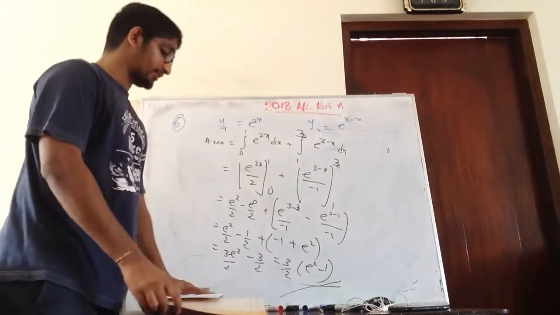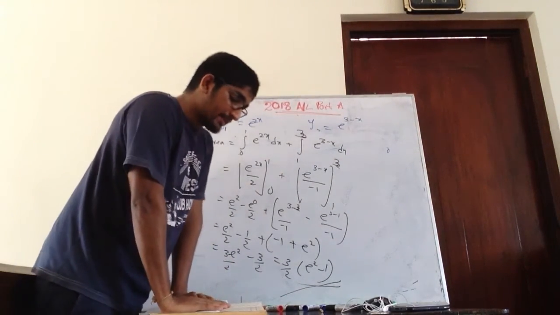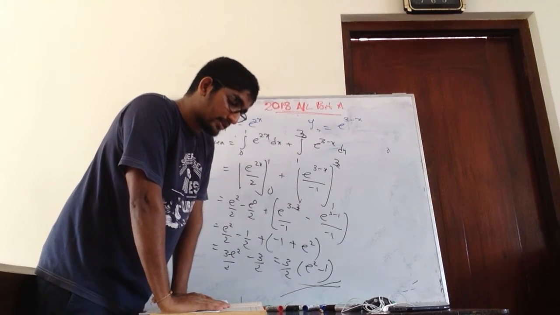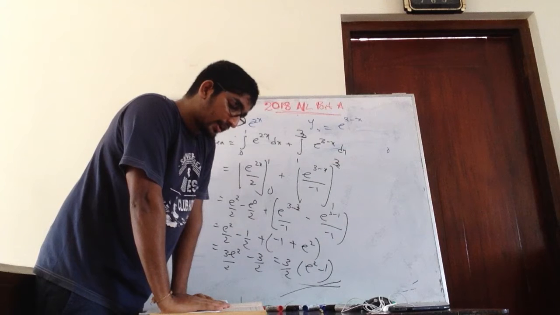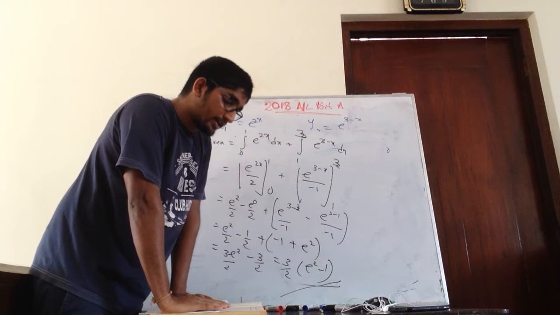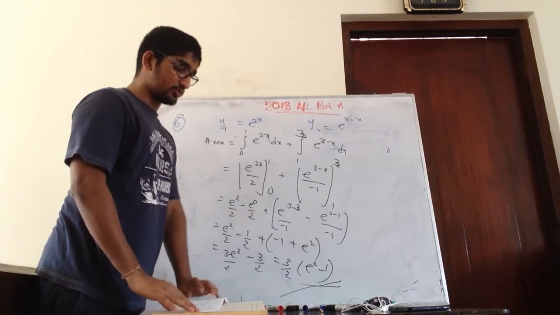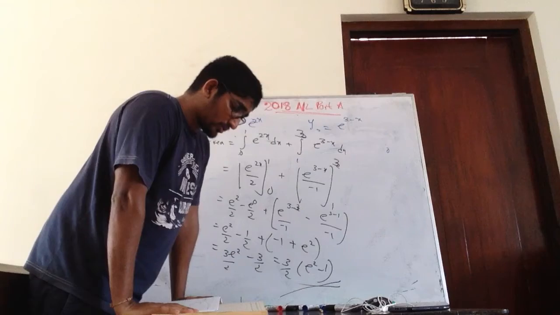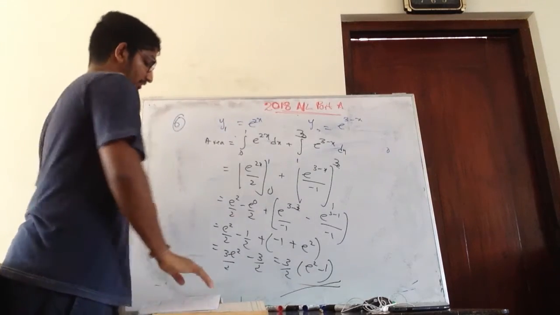So question number 7. Question number 7 says a curve C is given by the parametric equations x equals ln tan(t/2) and y equals sin t, where t is between the given limits. Then show that dy over dx is cos t over sin t.